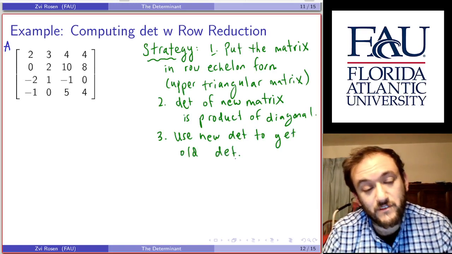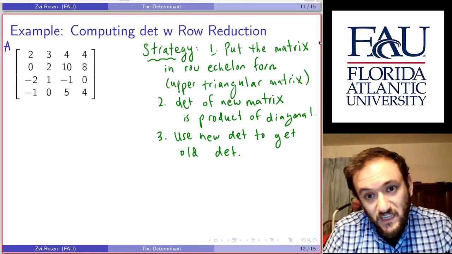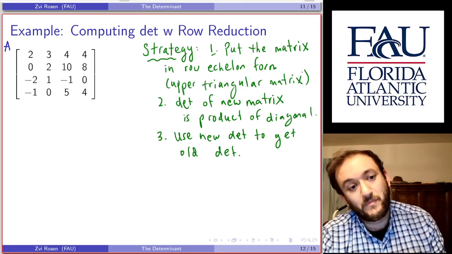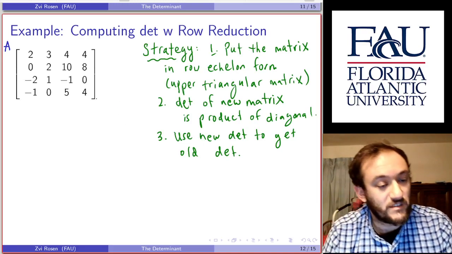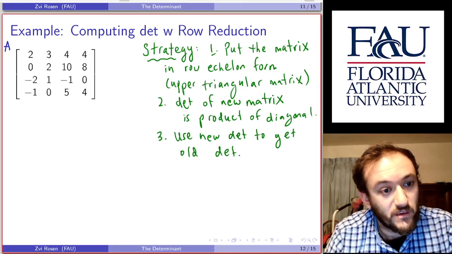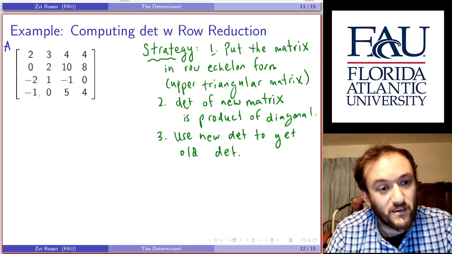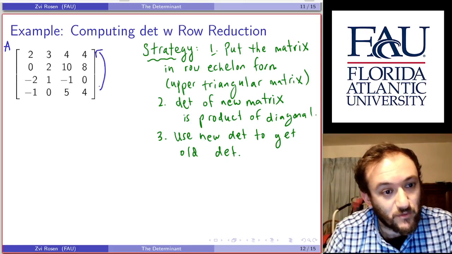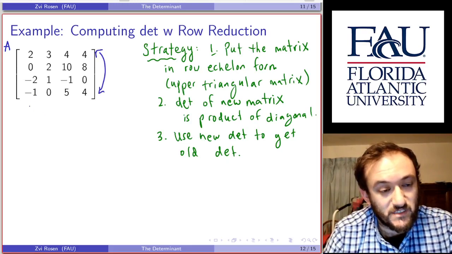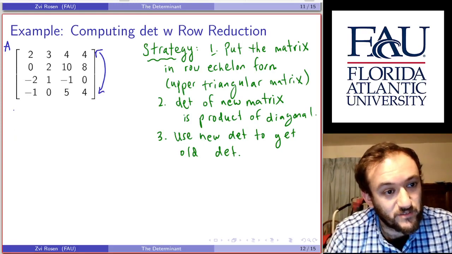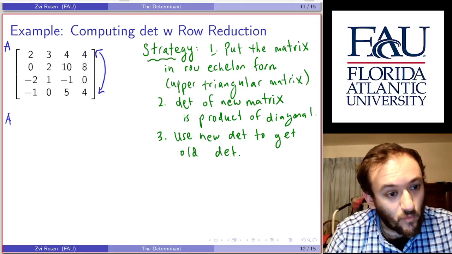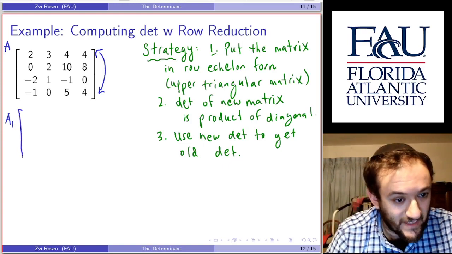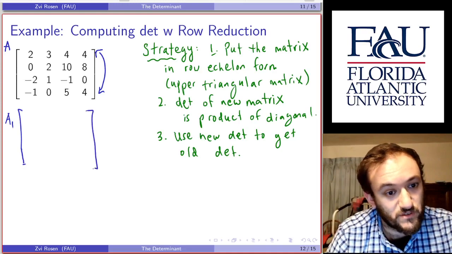Okay, so let's see how this works for A. We're going to give each of these matrices a new name so that we can keep track of what the determinant is for each one. Let's start by swapping row 1 and row 4, because I want this -1 to be in my upper left. So we have A1, and that's what we get when we switch those two rows.